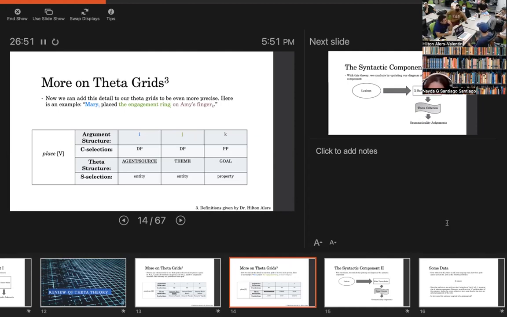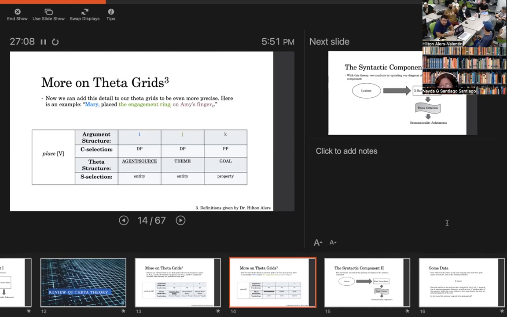What is the purpose of the theta grid in Spark? To identify a sentence as grammatical or not. The theta grid will say if it is right, because the parser is supposed to not only detect ambiguity, but grammaticality as well. So if I give a sentence like "Mary placed on Amy's finger," I don't want the parser to produce any structure because that's nonsense.